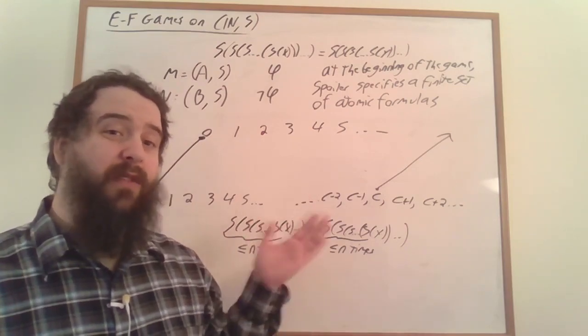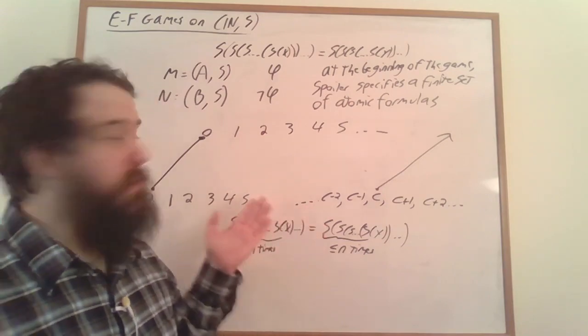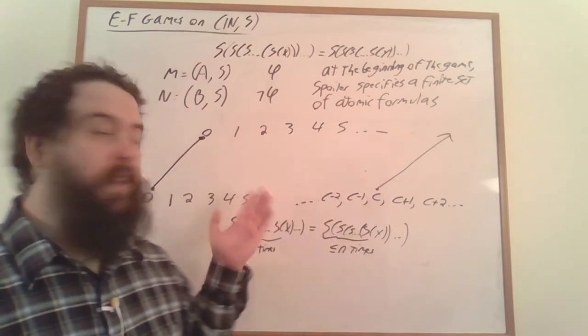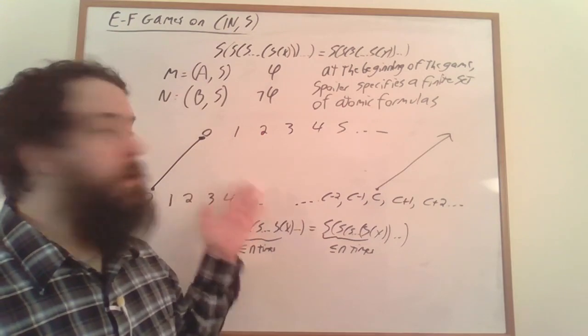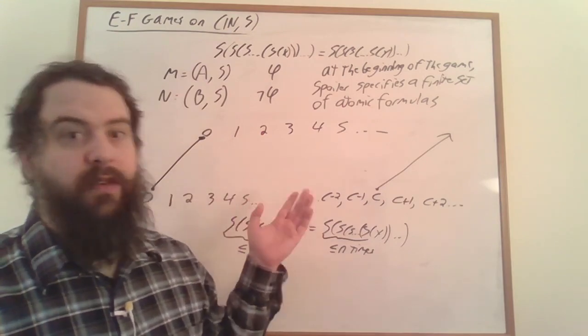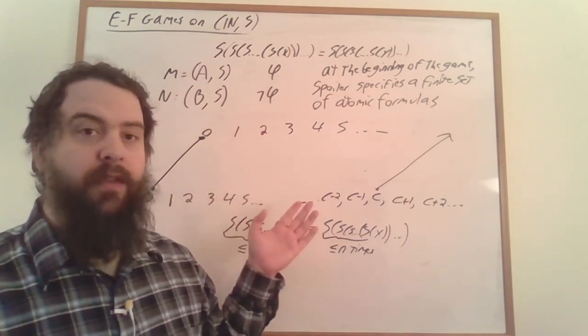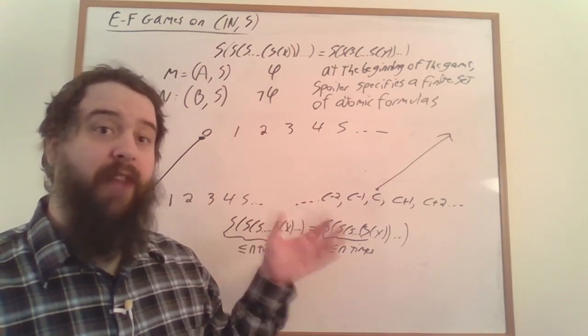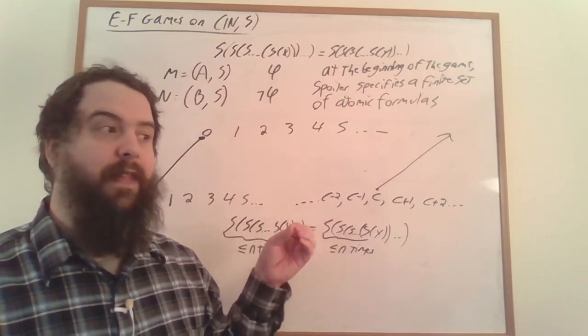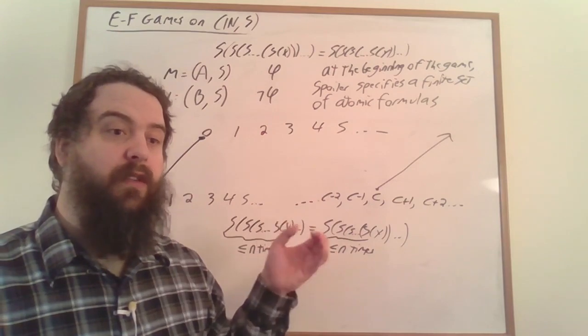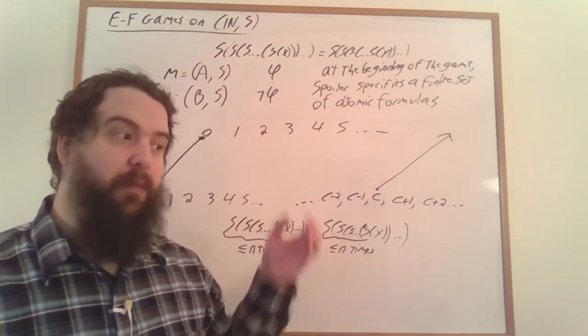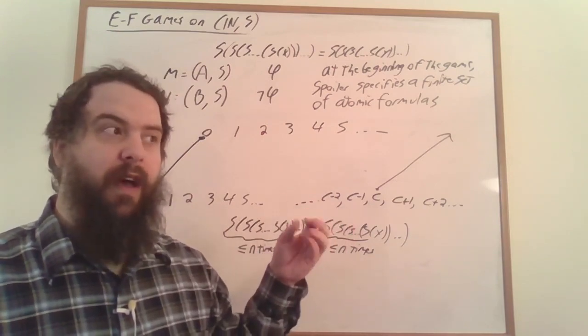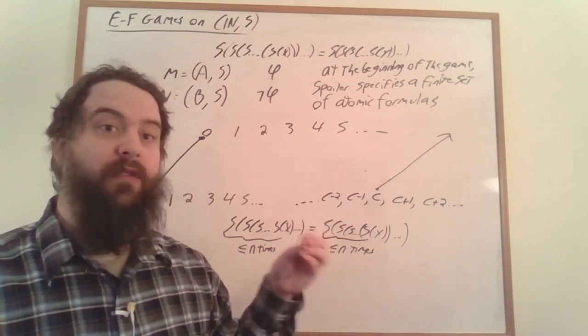Ehrenfeucht-Fraïssé games are also limited by our intuitions for playing games. We've seen that in the case of linear orderings or successor structures, or this is even true for finite graphs, playing Ehrenfeucht-Fraïssé games can actually be pretty intuitive, and that allows us to make some really intuitive observations and then prove those observations by making our intuition formal.